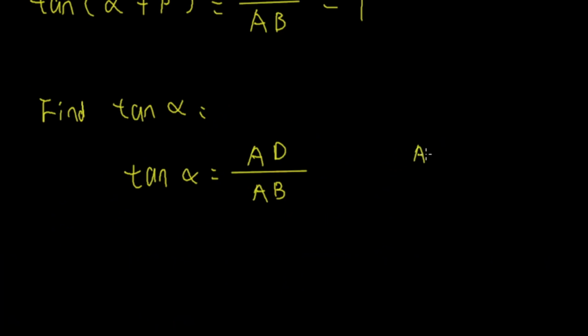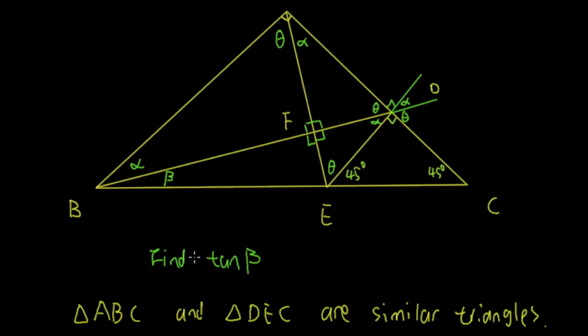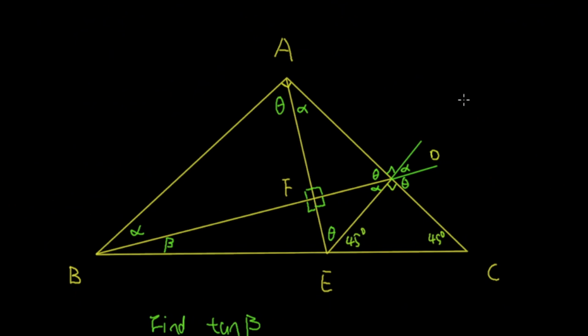So we can say that AD over AB is equal to DE over AD. Now, right here, what do we know?